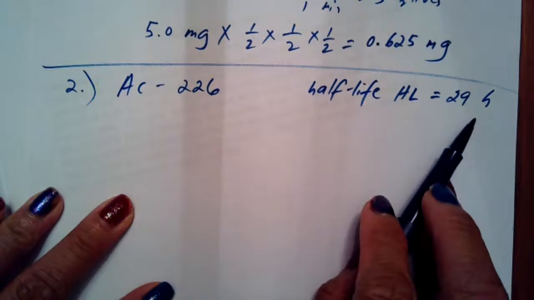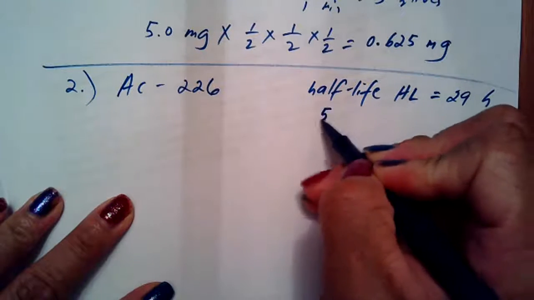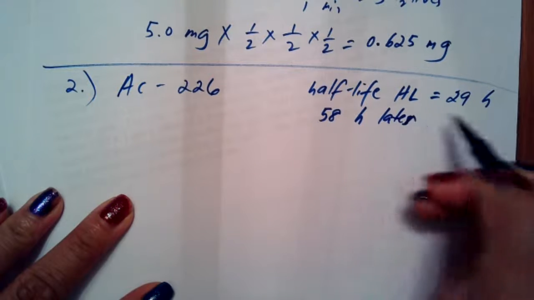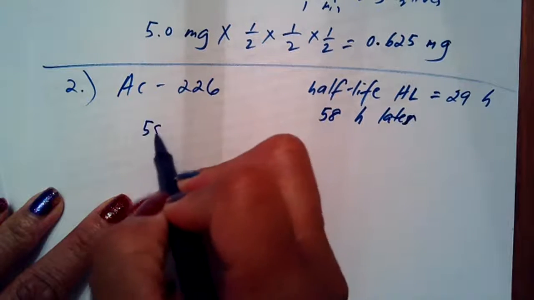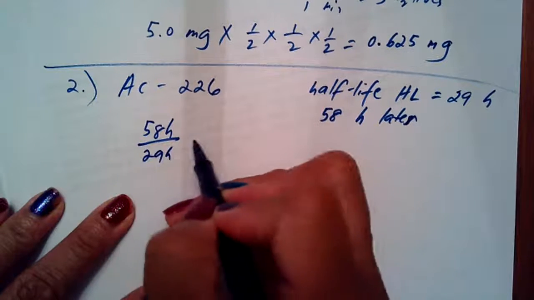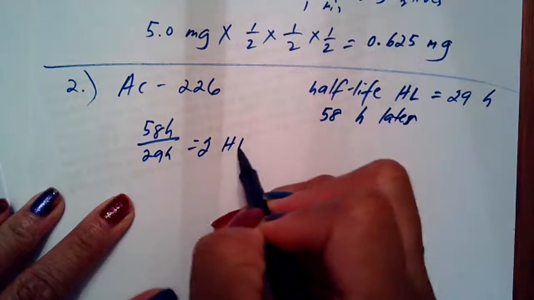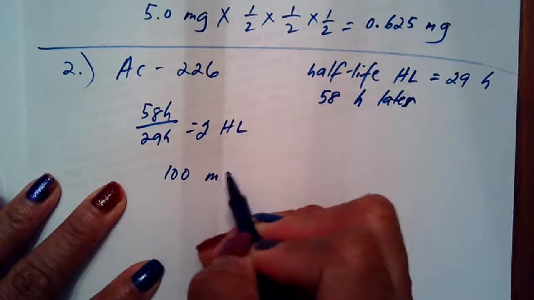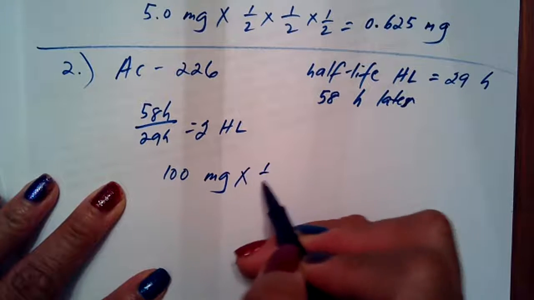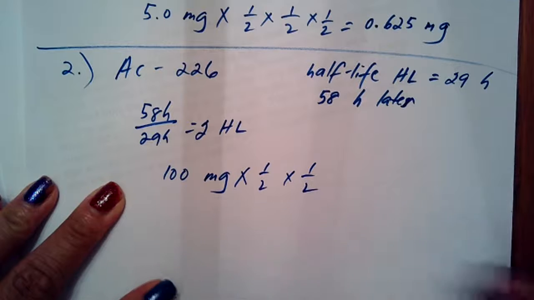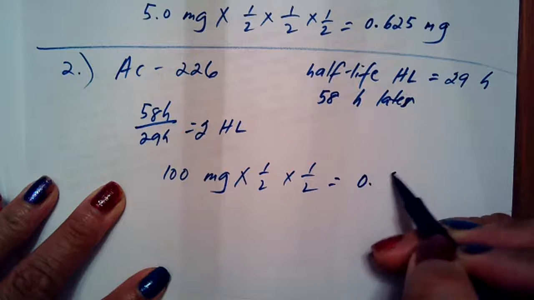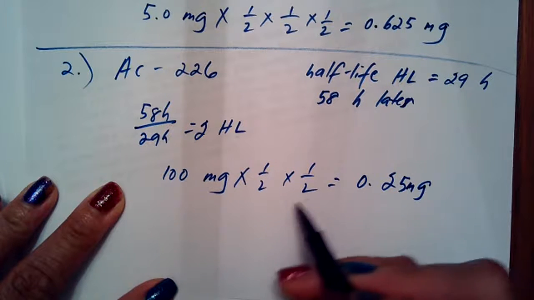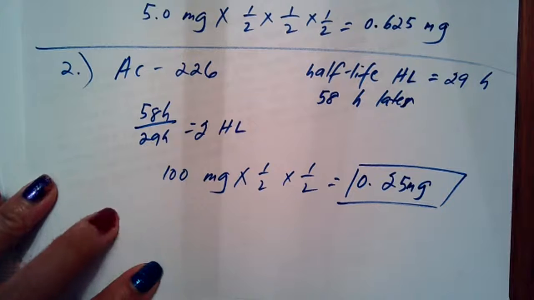Okay, so the half-life is 29 hours, but this is 58 hours later. So 58 hours divided by 29 hours means 2 half-lives have passed. We started with 100 milligrams of actinium, and so 2 half-lives, half times another half here, and you are left with 2.5 milligrams of actinium.